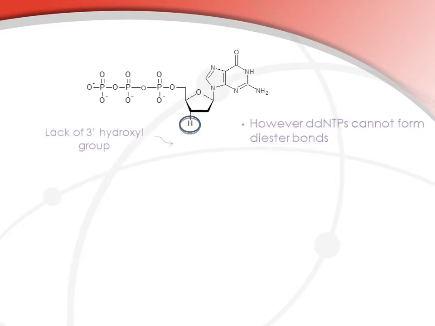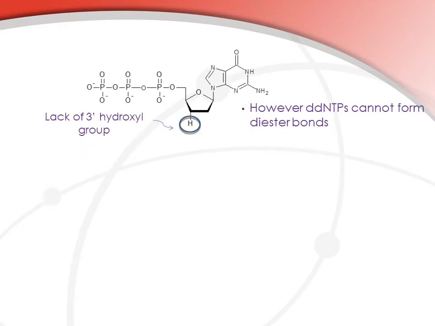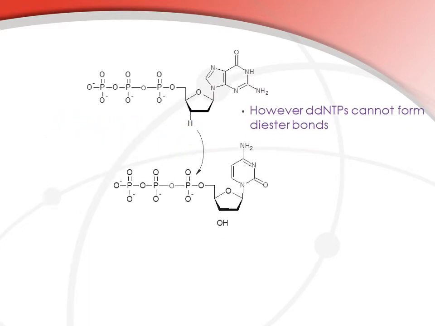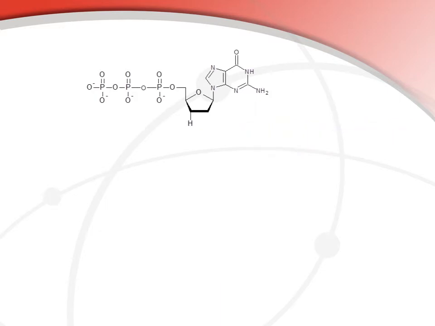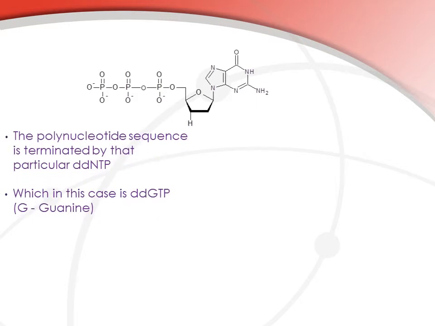However, since the analogues lack the 3' hydroxyl group, they cannot polymerize with other nucleotides. So, if a DNA fragment polymerizes with an analog, that will bring polymerization to a standstill, terminating it.